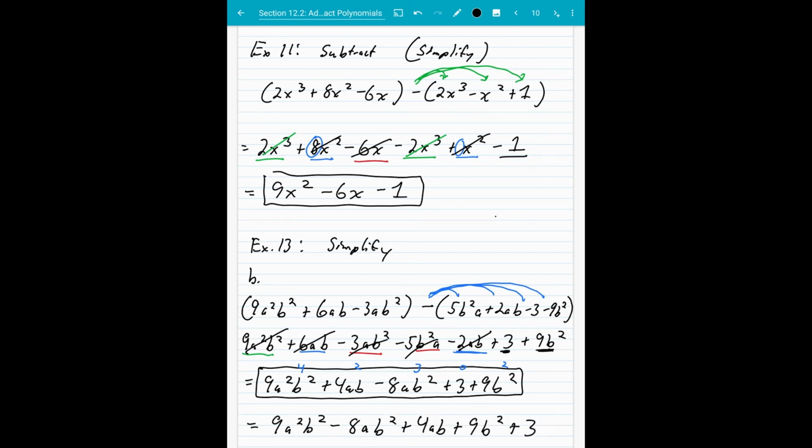Essentially I just reordered everything according to the commutative property. You don't have to do it, but this is in descending degree order and it just looks a little cleaner. Some math books will have the answers like that because it's neater.